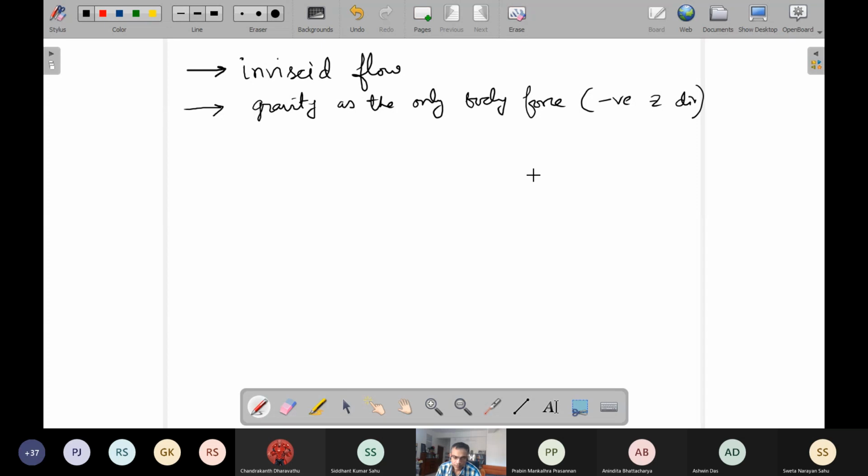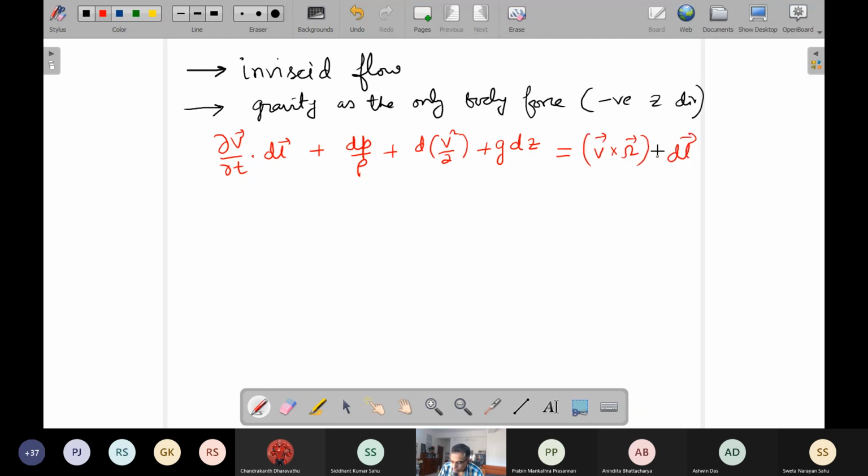So these two were the preliminary ones that led to the following equation. So these two led to this.